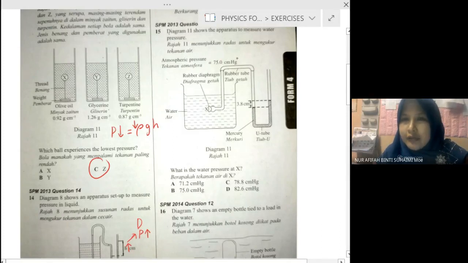It uses the unit cm mercury. Then when you immerse it into the water at X, there is a difference in height. The height here or the pressure here is 3.8. So what is the pressure at X?